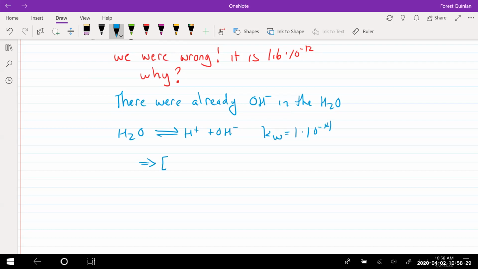That means that the concentration of H plus is equal to the concentration of OH minus, which is 1 times 10 to the minus 7. You can solve that as x squared equals 1 times 10 to the minus 14. X is equal to 1 times 10 to the negative 7. And that is now the H plus and the OH minus concentrations.